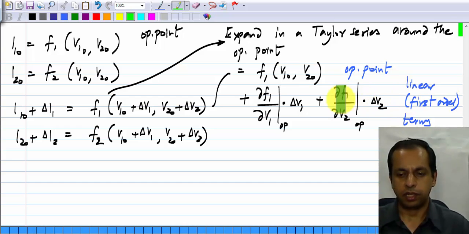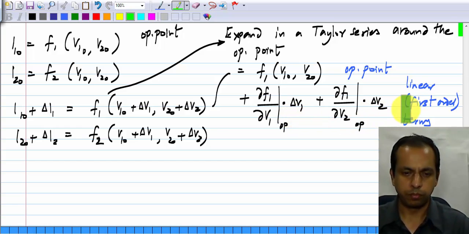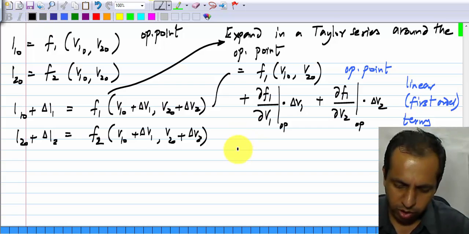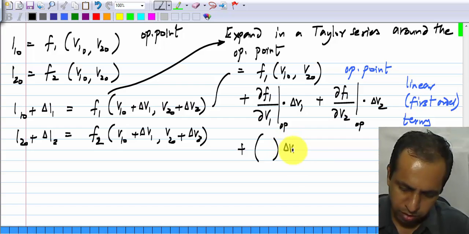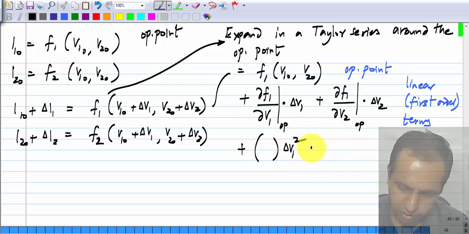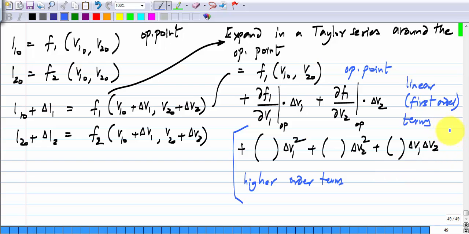Okay. These are linear in terms of the variable, which is the incremental voltage delta V1 or the incremental voltage delta V2. And then you will have higher order terms, we will not have to worry about them. You will have terms which are proportional to delta V1 square and something with delta V2 square, and also something with delta V1, delta V2 and so on. Okay. So, all of these are basically higher order terms. Okay.